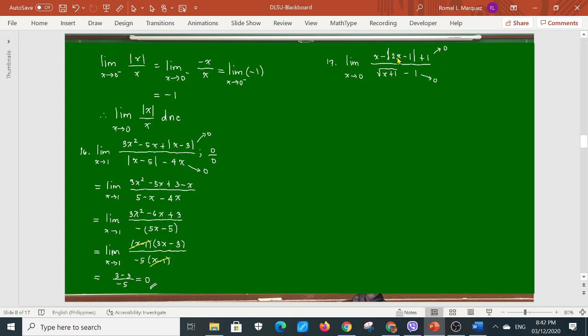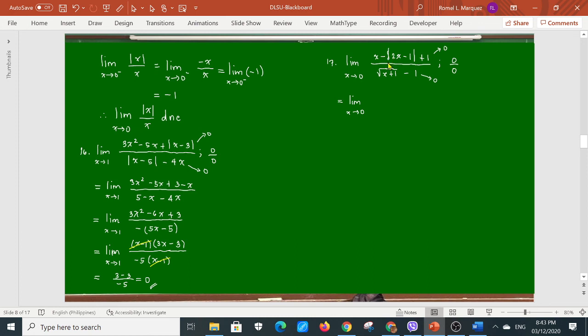Is that correct, children? 0 minus 1 is negative 1. Absolute value, 1. Negative plus 1, so 0. Plus 0, so that is 0. So, indeterminate form. Since it is indeterminate, we cannot evaluate it at once. So, let's manipulate. This contains a radical, but it is not going through negative values.